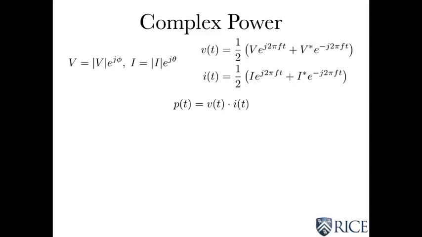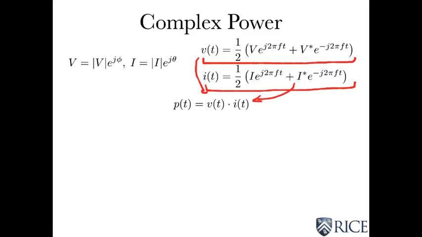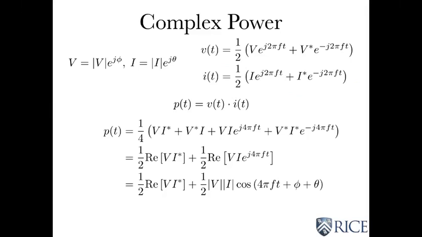What I want to do is use Euler's formula. So in addition, we can explicitly write out the real part formula as being just Euler's formula. We've seen how this works before. Now what I want to do is plug these expressions into that product. Well, it's very easy to multiply this out, and it really simplifies the calculations a lot. So the way to think about this is that the voltage is now a sum, the current is now a sum.